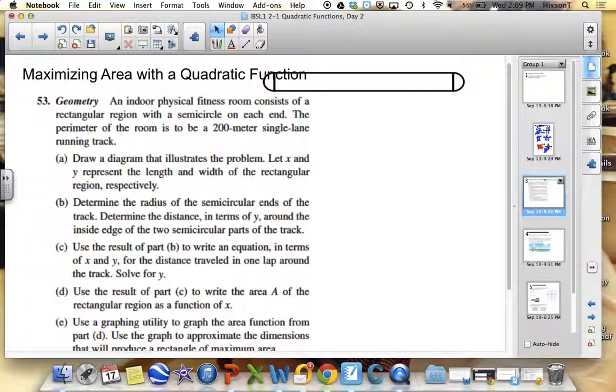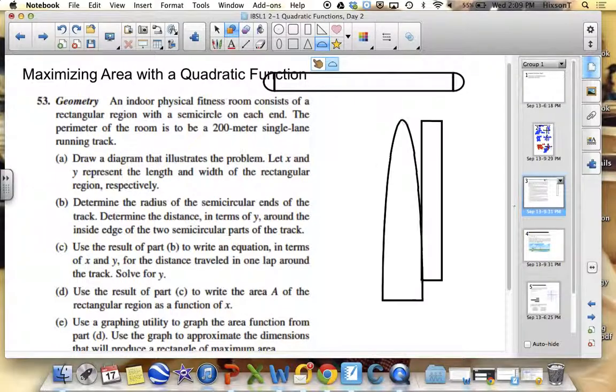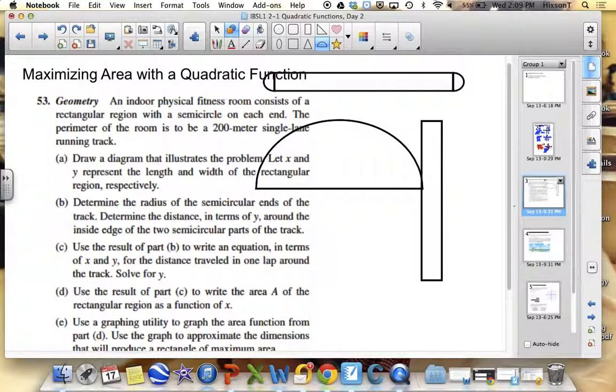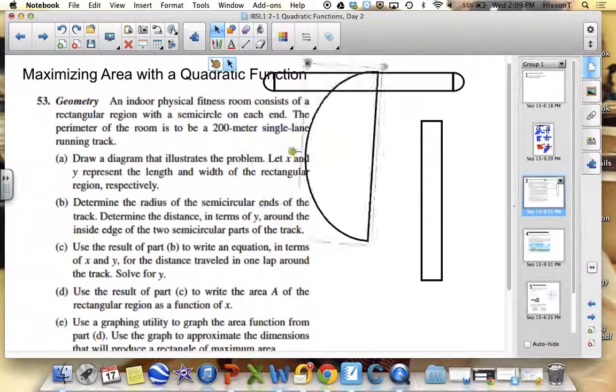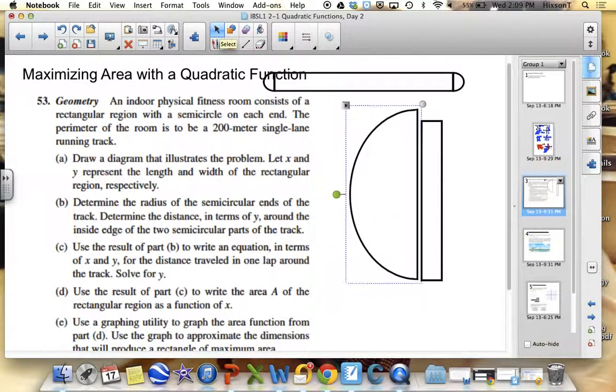Alright? Or I could do it this way. I'm going to make it like this. It's going to have to be something like that. Let me turn this sideways and see if I made that even close to the right size.